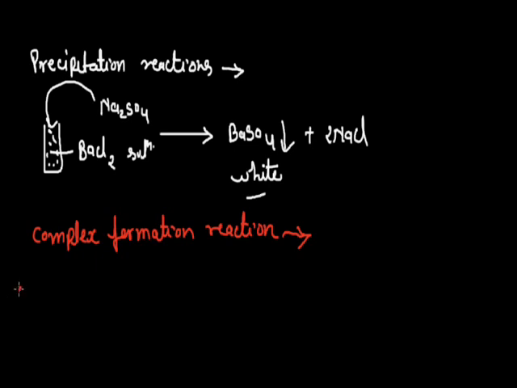For example, if we are taking the example of copper sulfate, that color becomes blue. It's a blue copper sulfate which reacts with the ammonia or liquor ammonia that is colorless, that is NH3 solution or aqueous NH3.